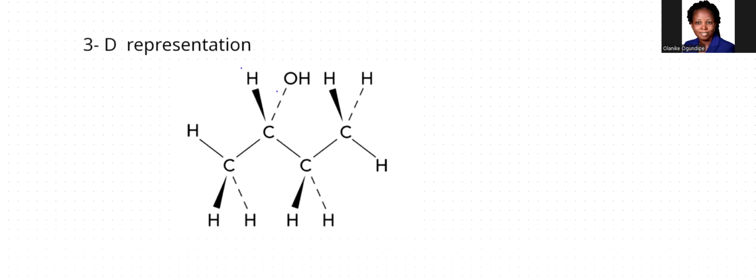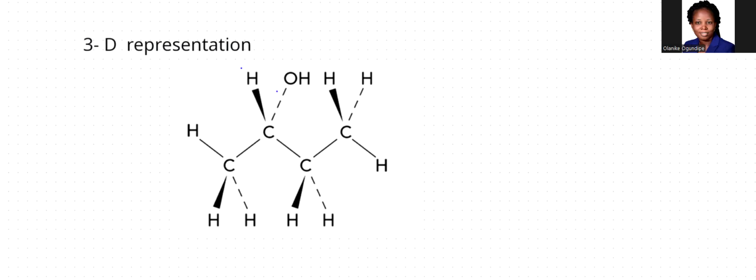Lastly, before we go for today, I need to teach you this formula, and that is the 3D representation. The 3D representation is just another version of a displayed formula. In this case, the bonds are shown like the normal displayed formula.